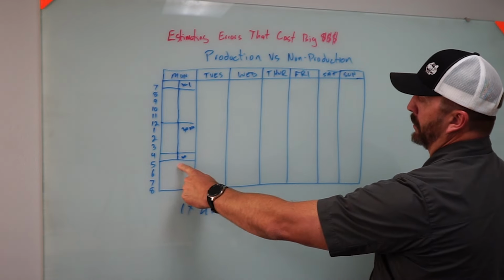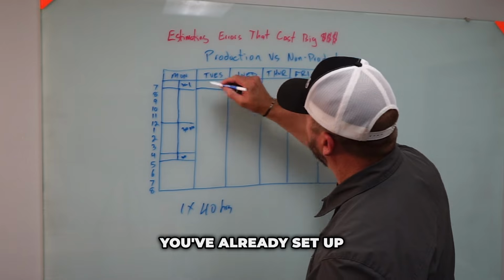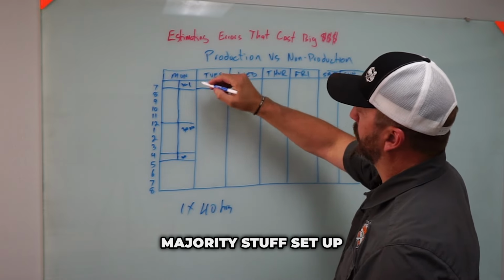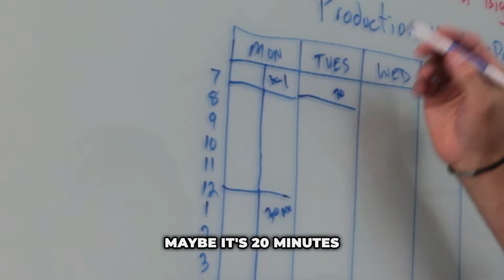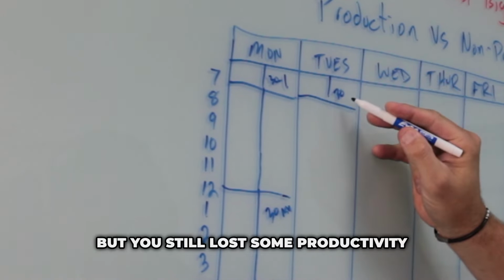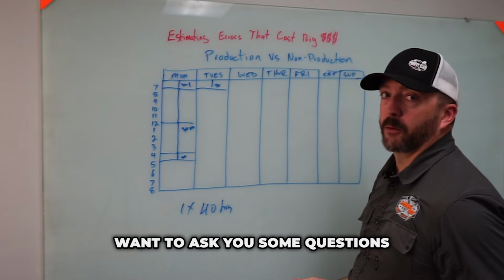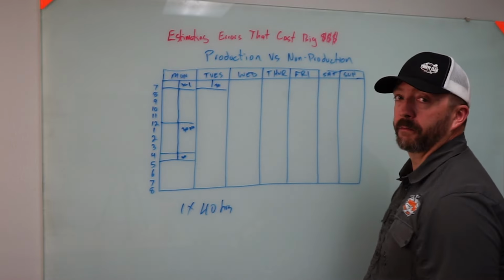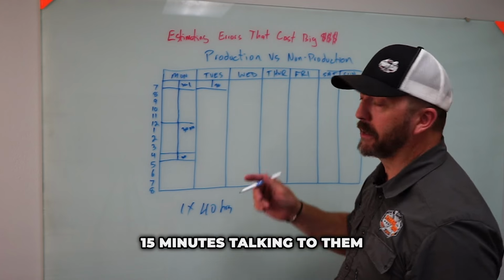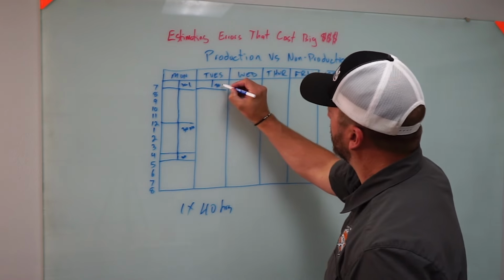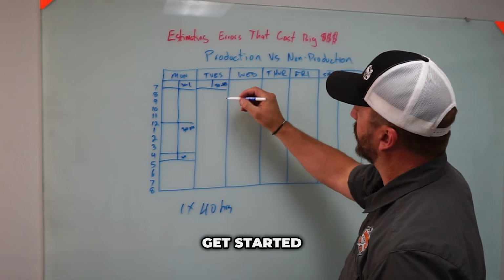That's day one. Day two, you've already set up, so maybe the majority of stuff is set up, so it's only 30 minutes, or maybe it's 20 minutes, but you still lost some productivity time there. The customer is home, and they want to ask you some questions about what you did on day one. And so you spend another 10, 15 minutes talking to them and set up. So now it's 30 to 45 minutes to get started.